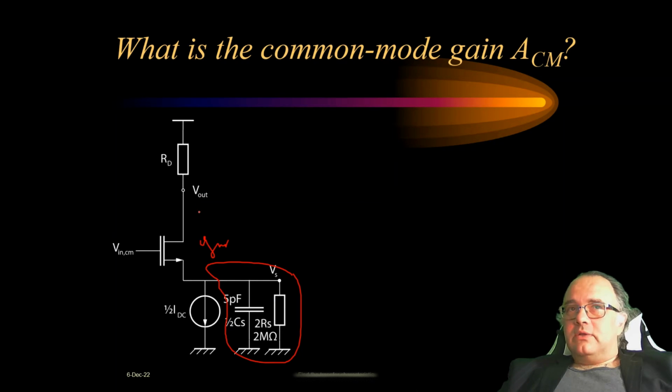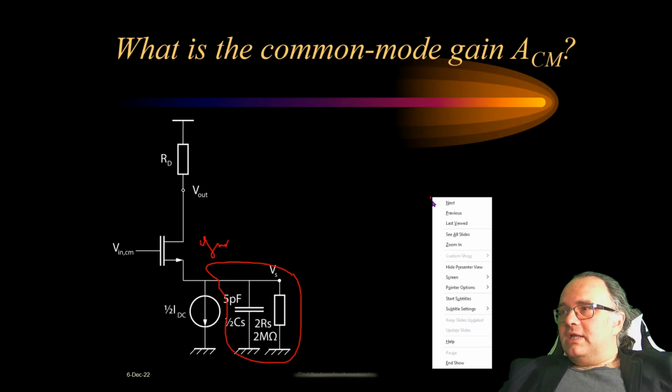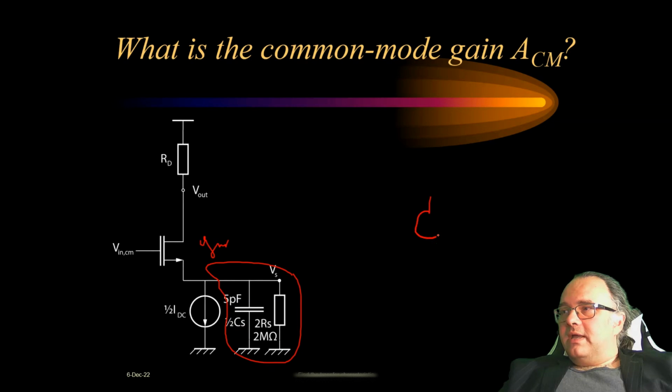We start by substituting the most important component, which is the transistor. The MOSFET's main functionality is given by a voltage dependent current source. This will be the drain node, which is Vout, and this will be the source node, Vs.